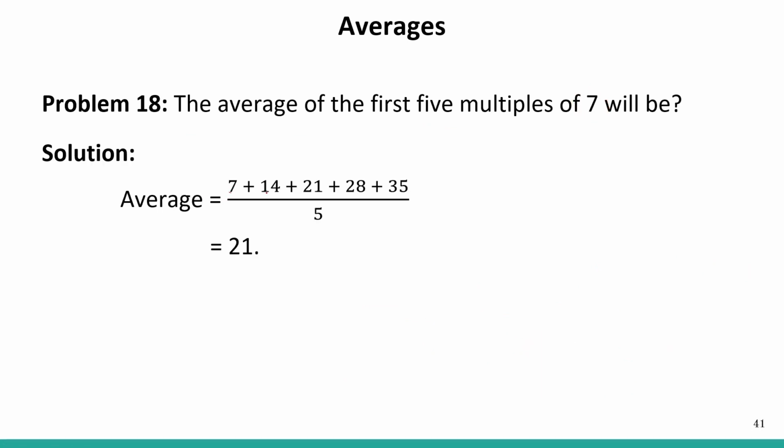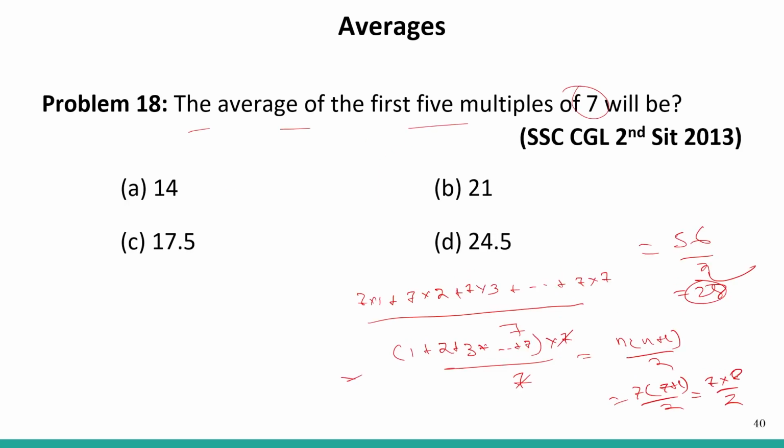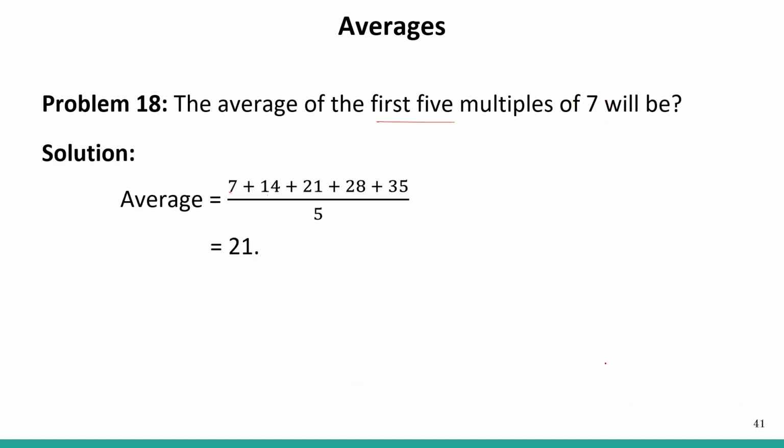So this will be 7 plus 14 plus, okay, the first 5 multiples it told us. That's why we got a different answer. So it will be up to 5, so it will be up to 4 plus 5. So n into n plus 1 will be 5 into 5 plus 1 whole by 2, which is 5 into 3, equal to 15.